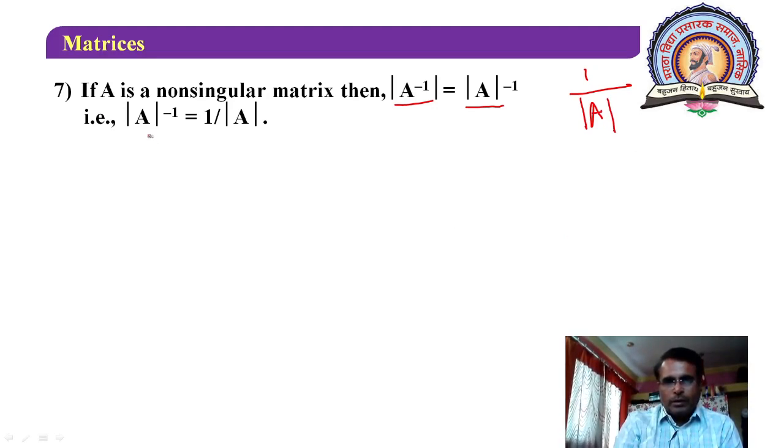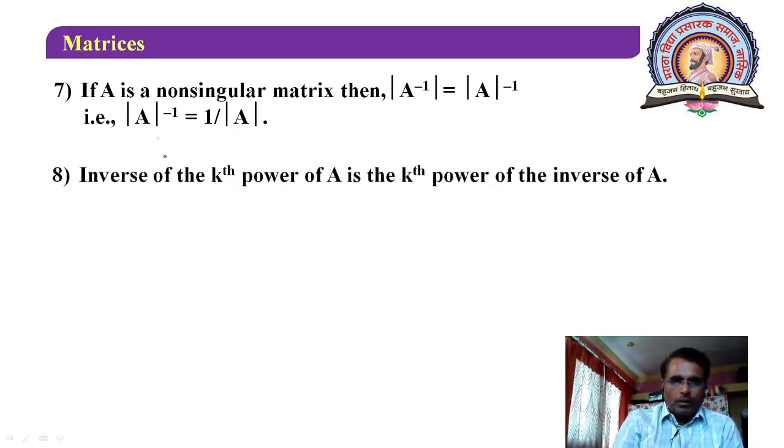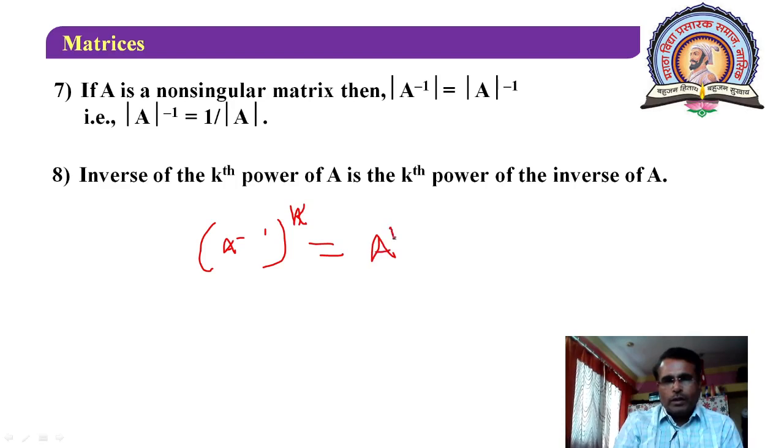Determinant A inverse is nothing but 1 upon determinant A. Next, inverse of kth power of A is equal to kth power of inverse of A. This also means, if you consider A inverse raised to k, then A inverse raised to k is always equal to A raised to k inverse. This is the meaning of the last property of inverse.